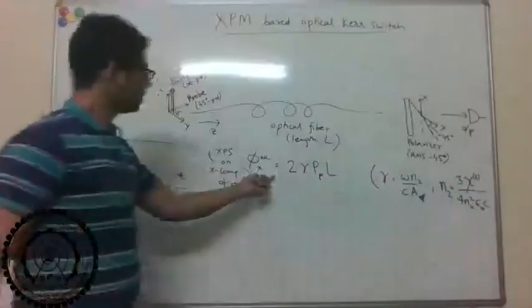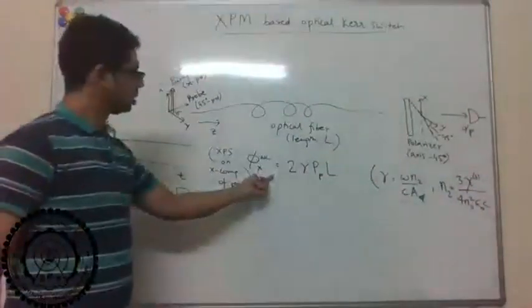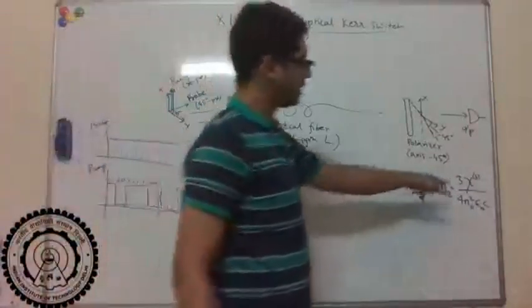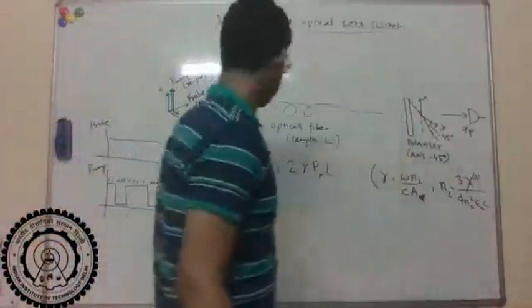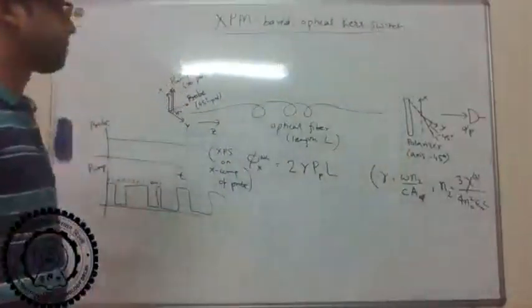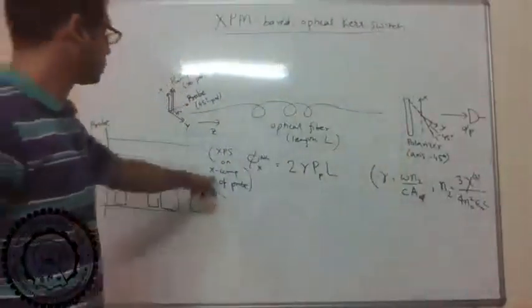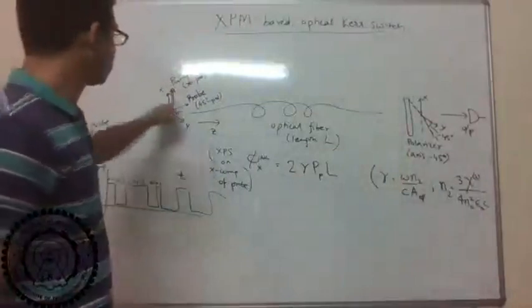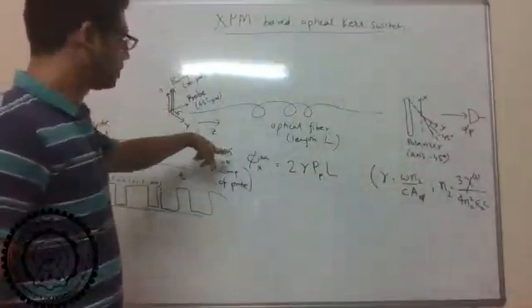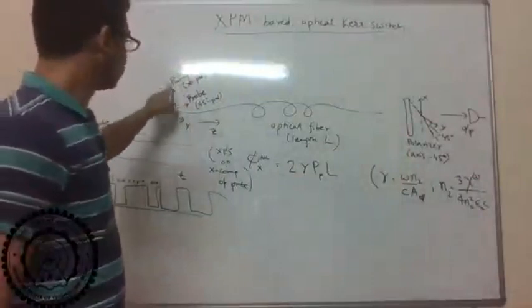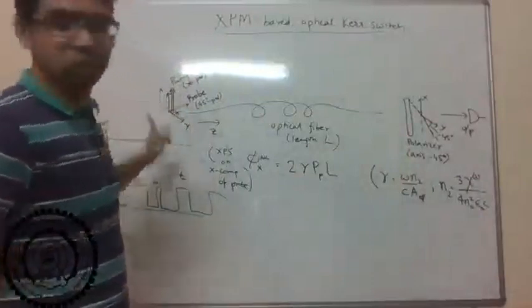So for this interaction, which chi3 tensor element, if I want to write ijkl, which one will I take? This is the X component of the probe and the pump is also X polarized. So we are looking at the cross phase modulation due to the pump, which is X polarized, onto the probe, which is also X polarized.